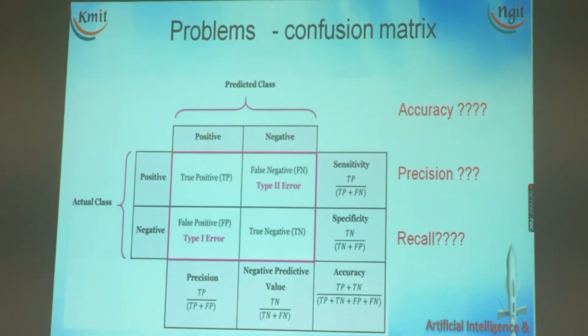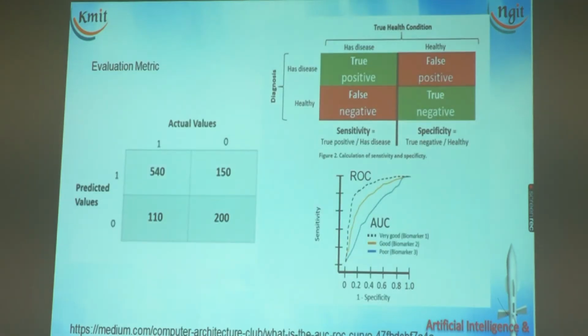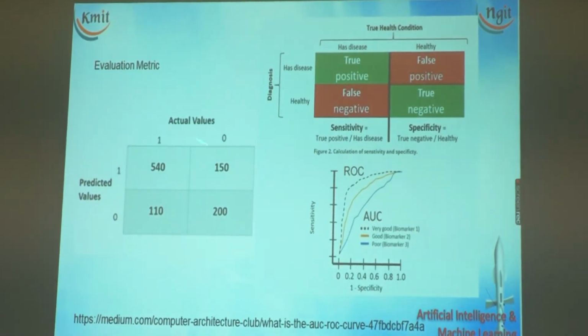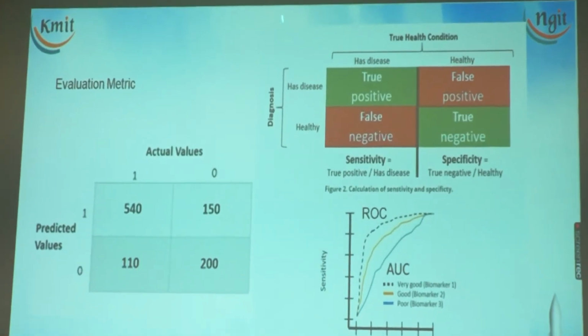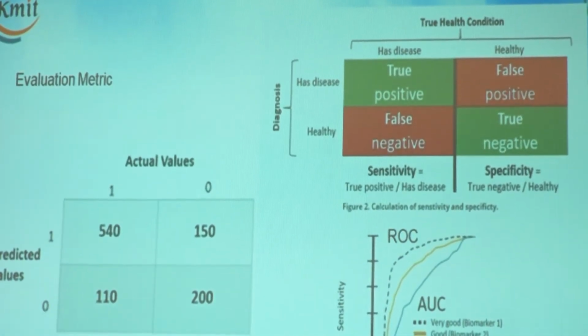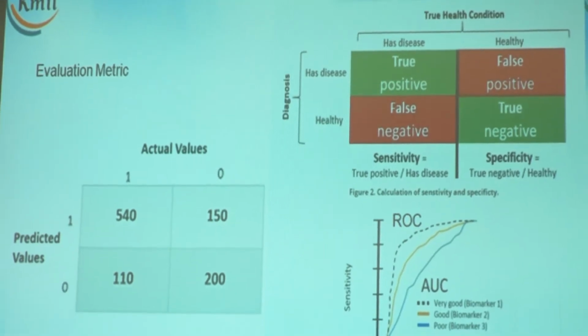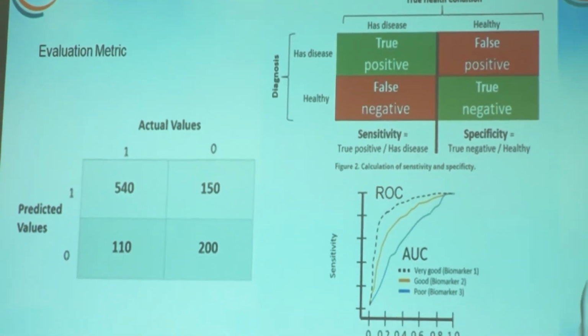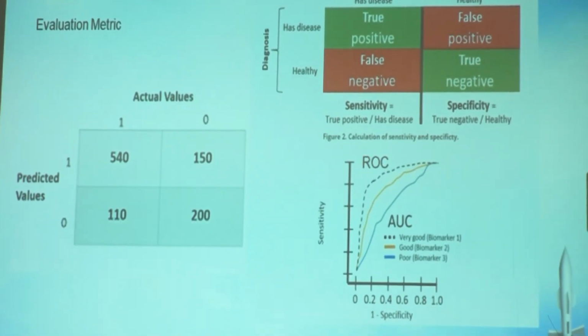Next, the last evaluation metric is your ROC curve. What is AUC? Area under the curve, and ROC is called receiver operating characteristic curve. How well is the system working? How to evaluate that? When the ROC is very near to the recall.